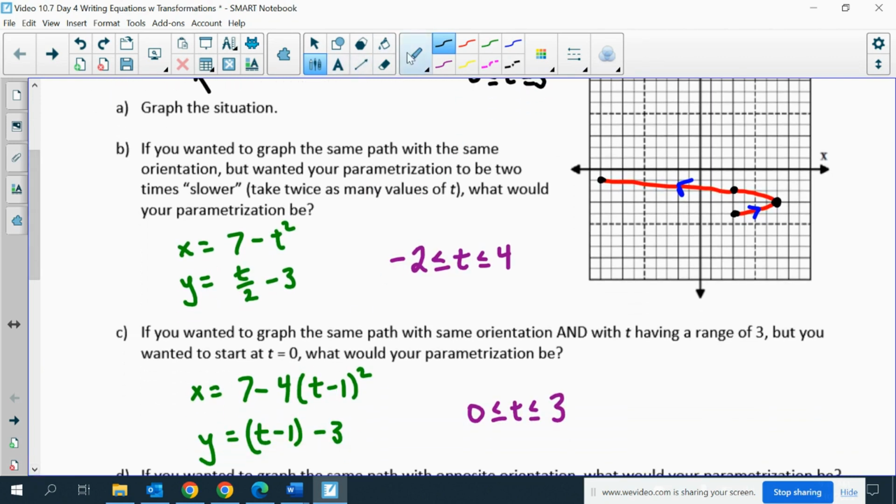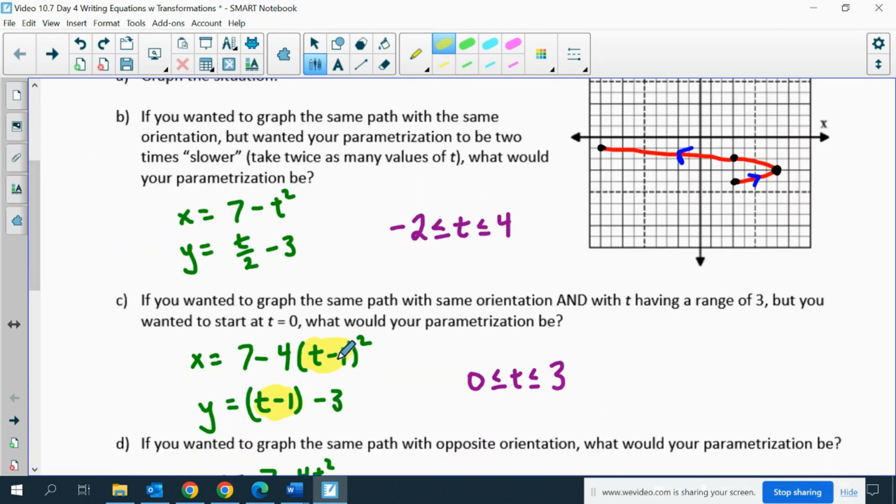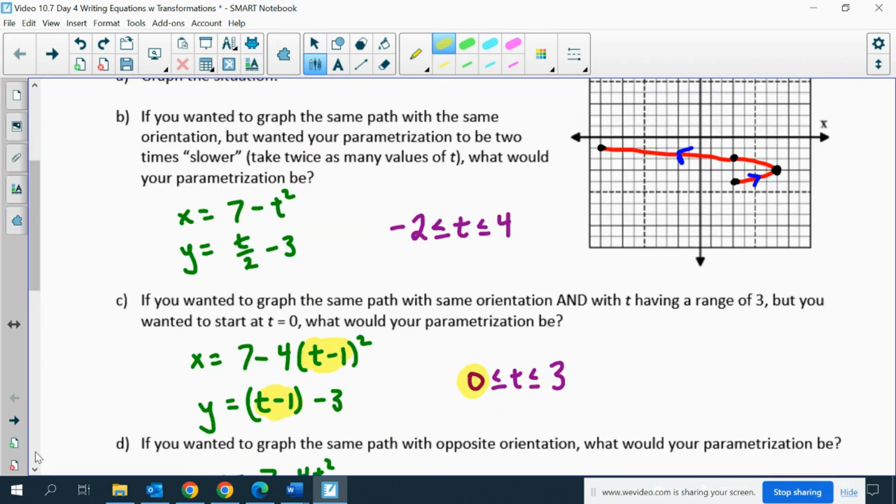I can just replace these things with t minus 1. So I take my original parameterization, and I replace the t's with t minus 1. So then when I sub in 0, I get -1, just like I would have when I subbed in -1 up here. When I sub in 3, I end up getting 2, which is what I would have done originally. So that's just shifting my t values.